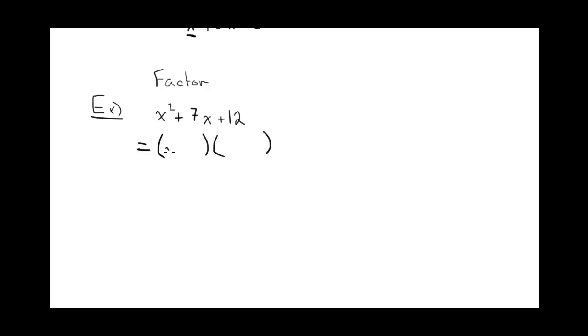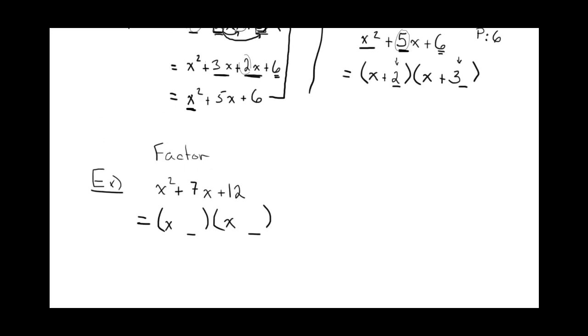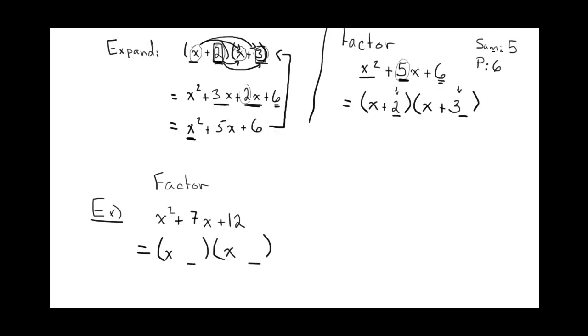And we know that the first term, since we have an x squared here, needs to be x and x, because x times x will give us the x squared. But now, what goes here? Well, from above, we know that the sum has to be the middle term. So the sum must be 7, and the product must be the last term, which is 12.